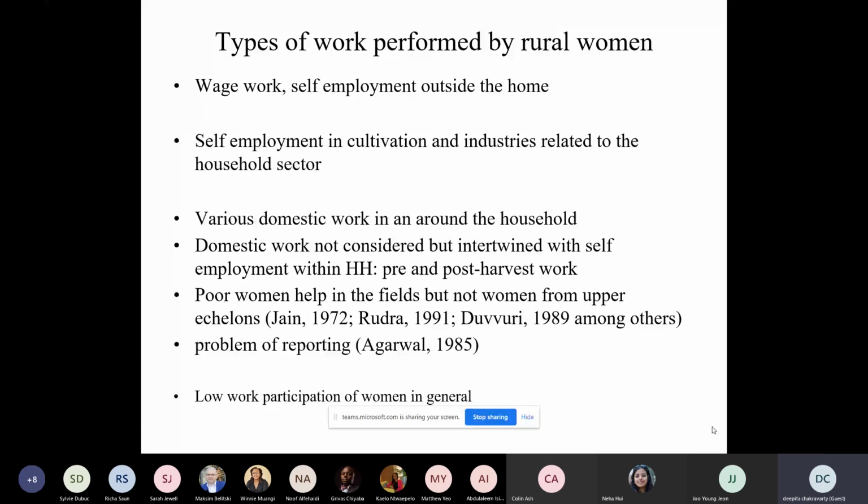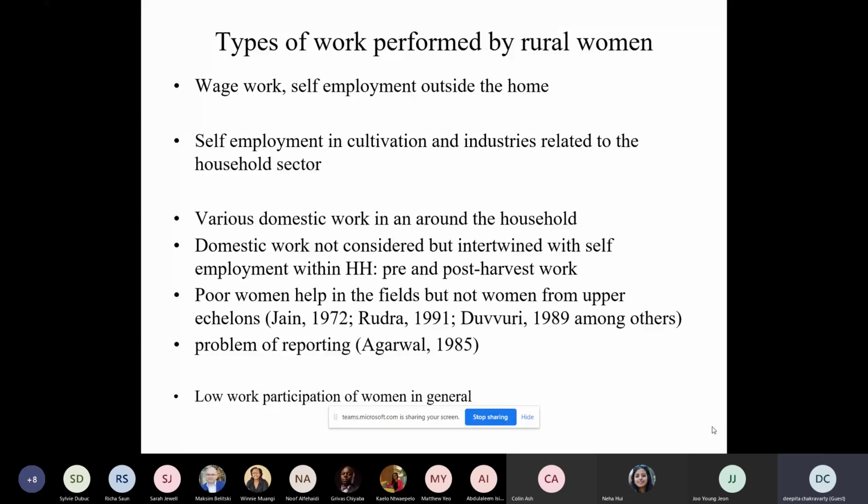A very good example is the pre and post-harvest work, where women play a very important role in India. But remember, the women who work in the fields in rural India are not from the upper echelons of society. They are basically the so-called low caste people who work outside in the field.